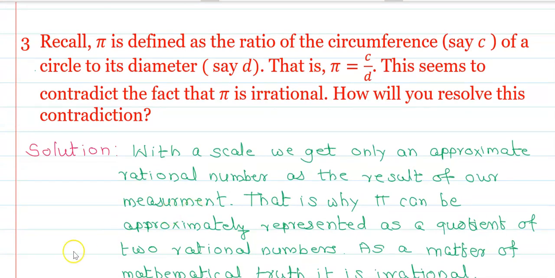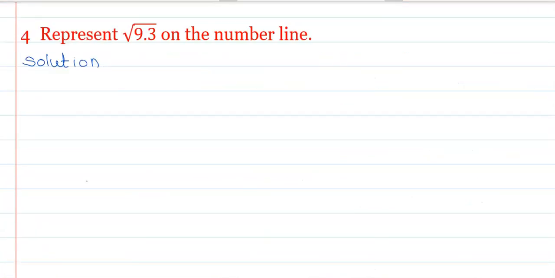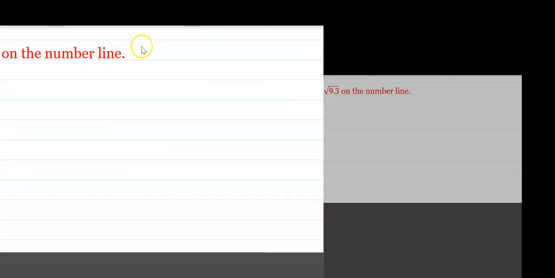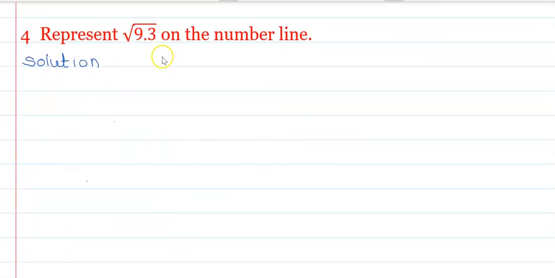Now the next problem. Now represent root of 9.3 on the number line. I will write this construction, how to draw the construction steps of this construction. Okay, now the first step.